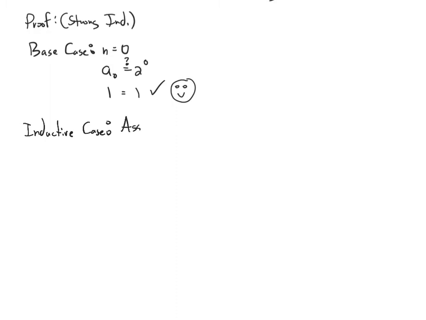So we're going to assume for some k in our domain, and remember our domain this time is the natural numbers including 0, that I could say something like a_0 equals 2 to the 0, and a_1 equals 2 to the 1, and a_2 equals 2 to the 2, all the way up to a_k equals 2 to the k.